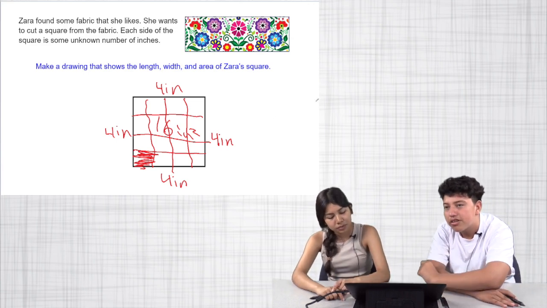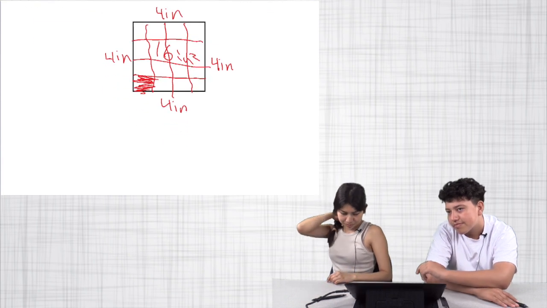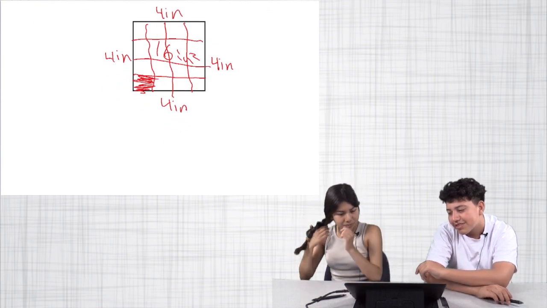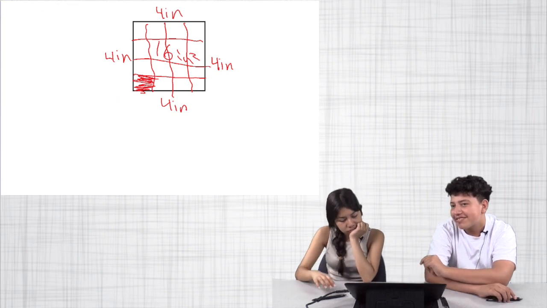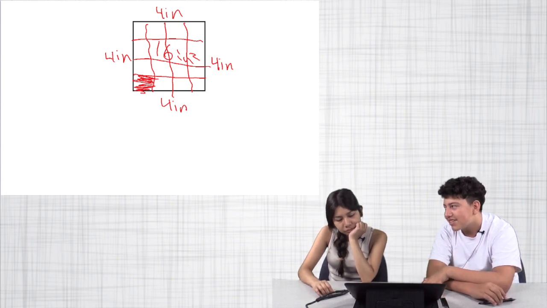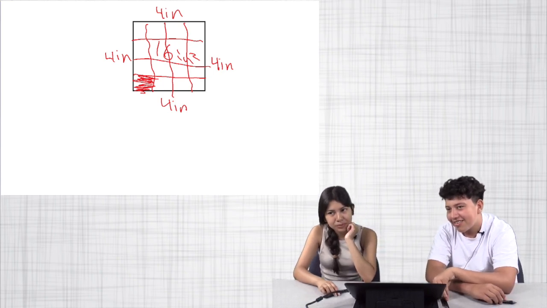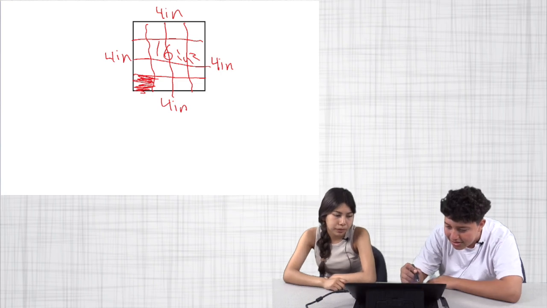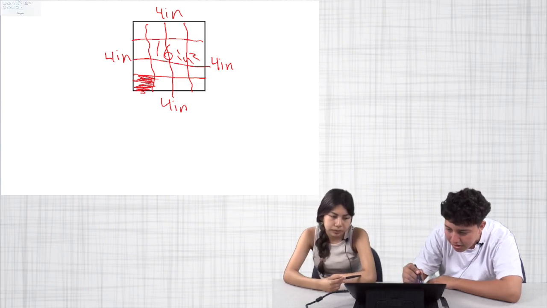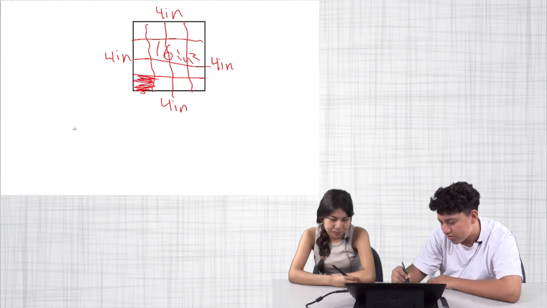Now, do you want to try another one with a specific number, or do you think you're ready to try to do it in general? All I've told you is how much one side measures. Could you write a formula for the area? Yeah. Okay, try it. Draw a picture and write a formula.